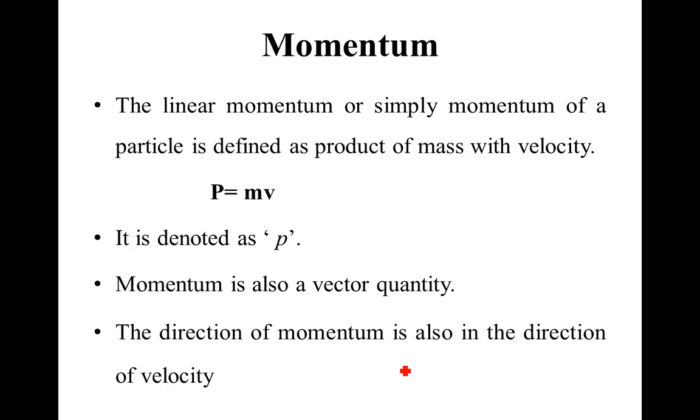So the final basic thing that you have to understand with motion is momentum. Momentum is denoted by the symbol P. It is nothing but mv. Understand it like movement. So it is motion: I am going to move this object from this point to this point.